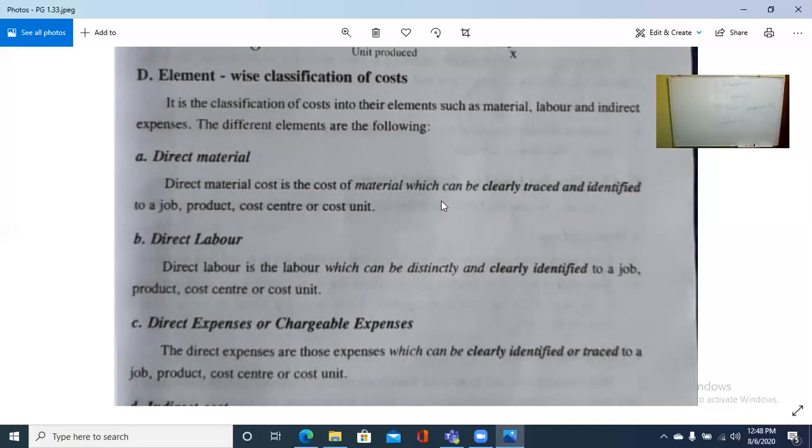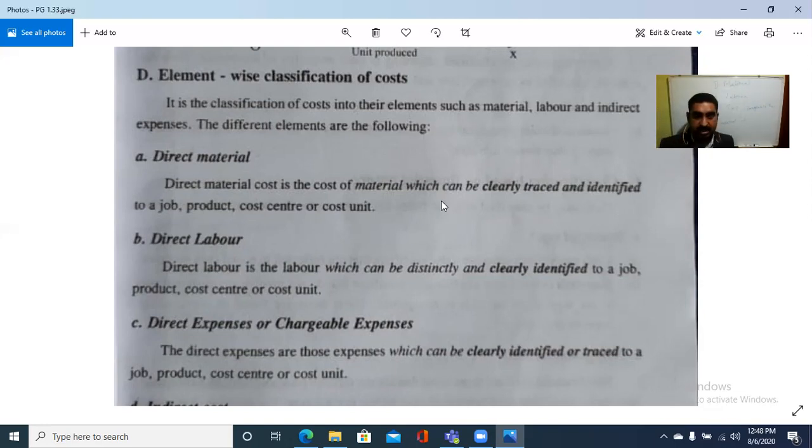Isn't it? So he is directly involved in the production, so the remuneration paid to that worker is treated as direct labor or direct wages. So direct labor is the labor which can be distinctly and clearly identified to a particular job or a process or a product or a cost center or a cost unit.